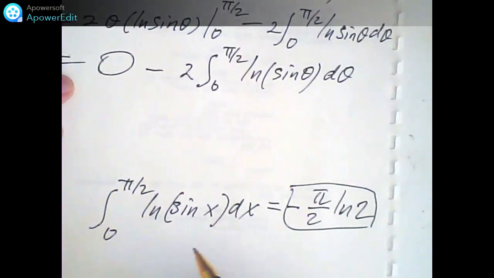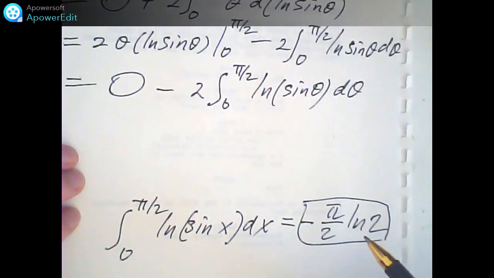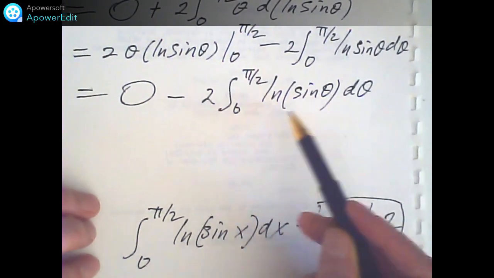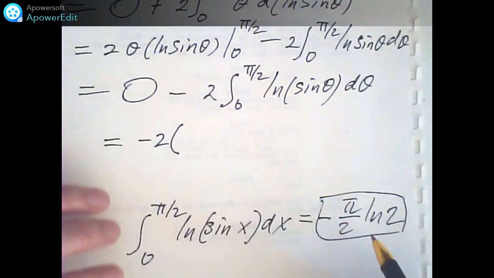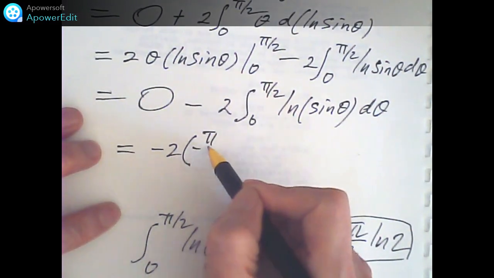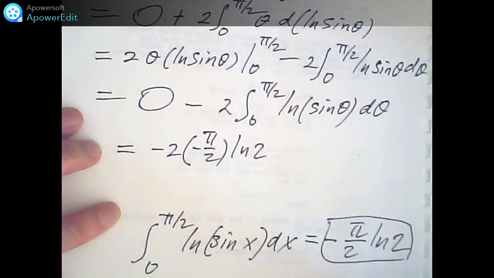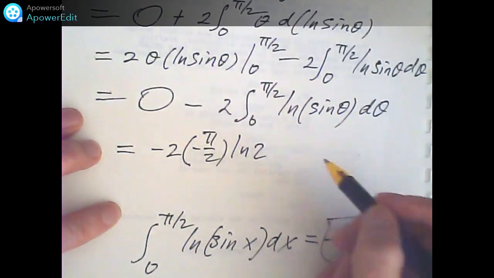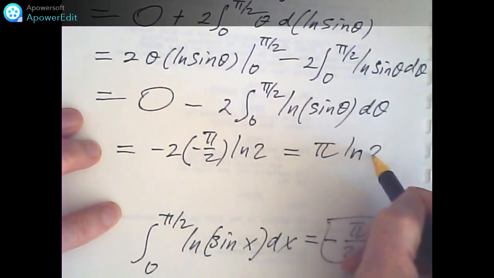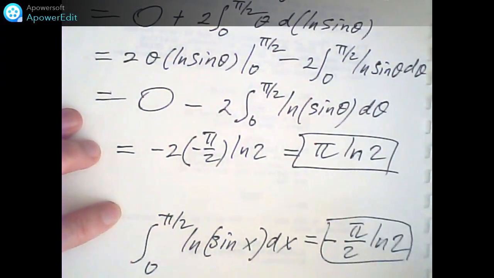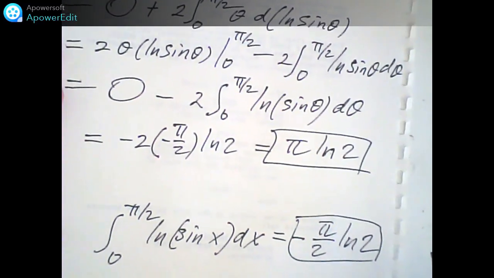If you want to see the detail, just go see my video. The link is below, so I don't repeat it here again. I simply use the result. This is equal to negative 2 times this, log 2. So the answer is pi log 2. That is the answer for my integral by method 1.